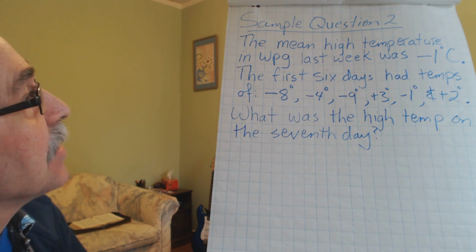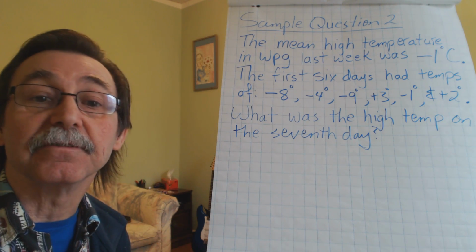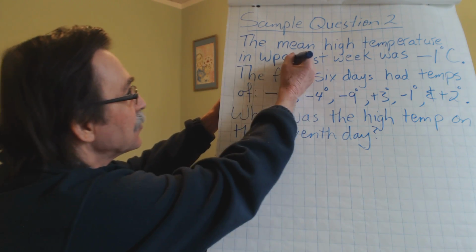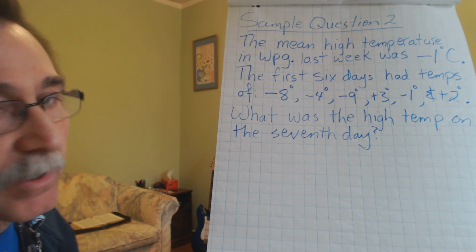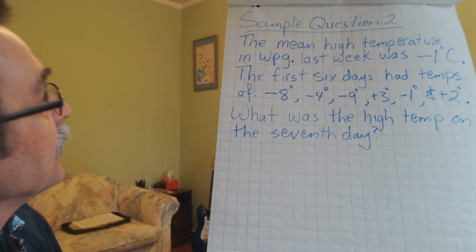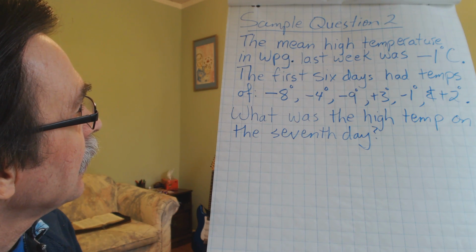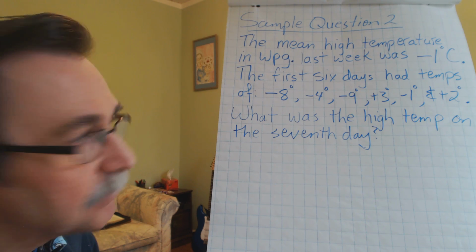The mean high temperature. Okay, so the average high temperature in Winnipeg, and my apologies for writing a short form here, but I had a memory blank for a minute. So Winnipeg last week was -1 Celsius.